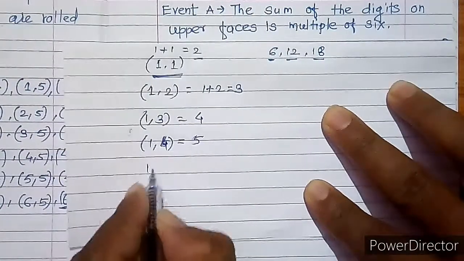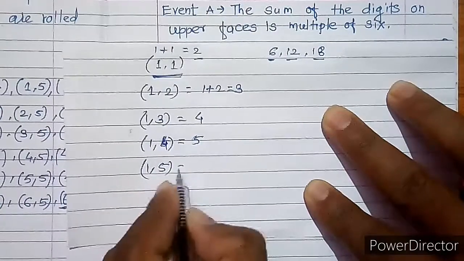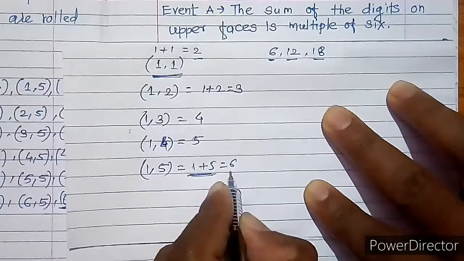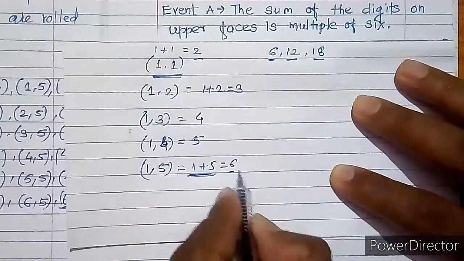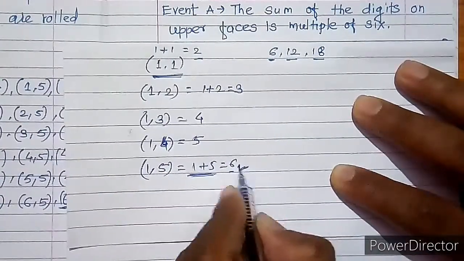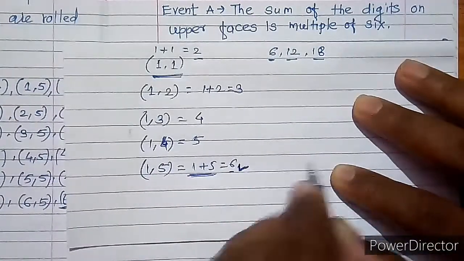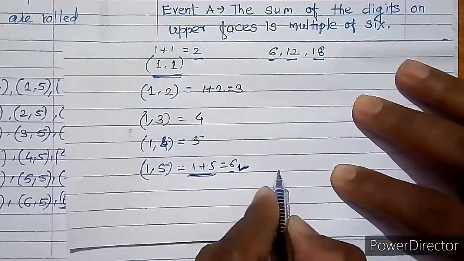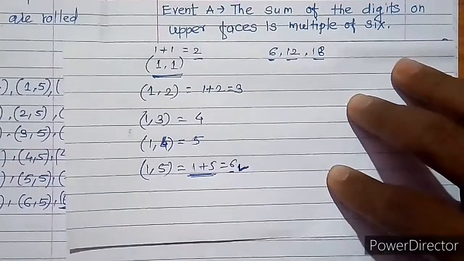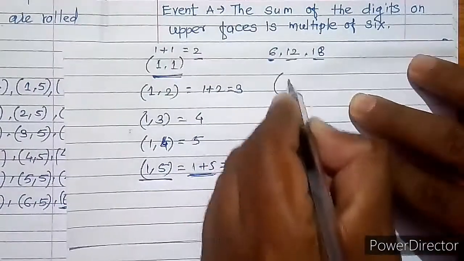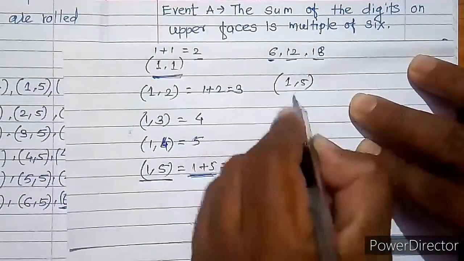Now next is 1, 5. The sum of that is 1 plus 5 equals 6. That is, the sum of the digits is 6. Now check whether it is a multiple of 6 or not. It is a multiple of 6 because 6 into 1 equals 6. It is a multiple, so you have to take this entry 1, 5.